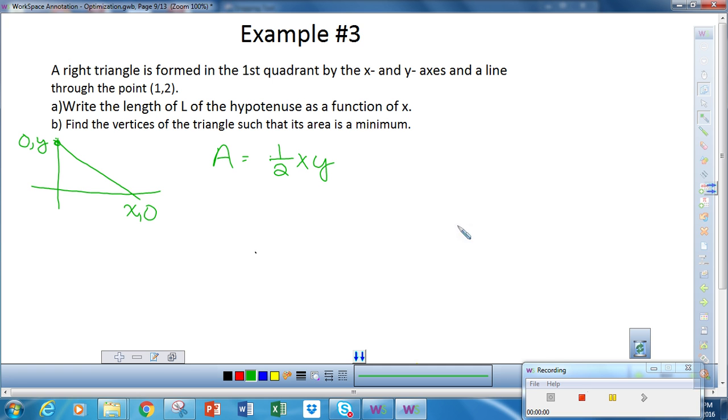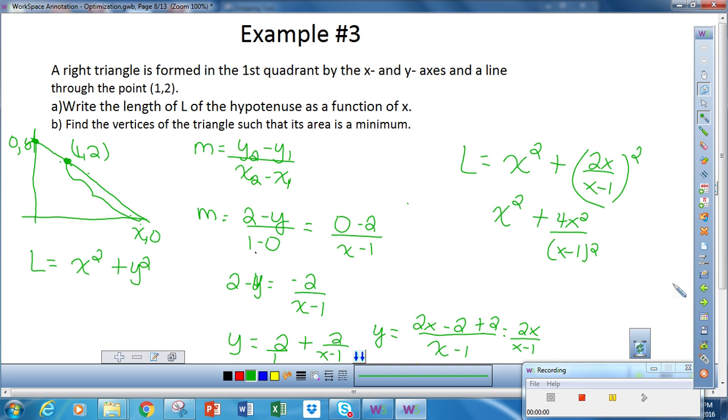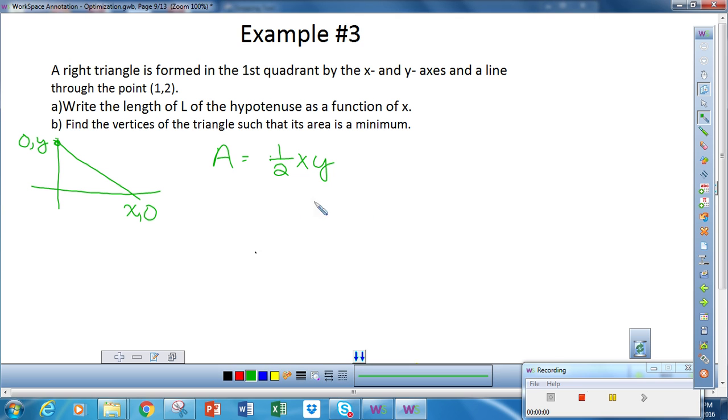Now, in the previous problem, we solved for y. We said that y is equal to 2x over x minus 1. So this becomes my secondary equation. That gives me 1/2 x times 2x over x minus 1. And of course, this simplifies to x squared over x minus 1.